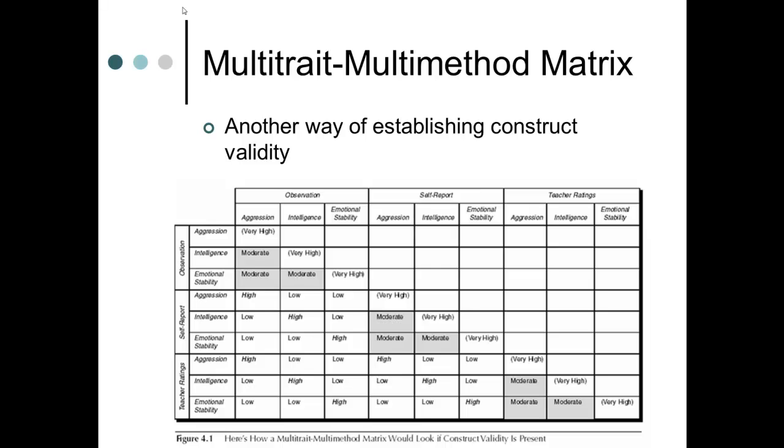And then what we have is a multi-trait, multi-method matrix that gives a graphical way to look at construct validity. That's in your textbook, figure 4.1. You see things like observation, self-report, teacher ratings, versus the same thing here.